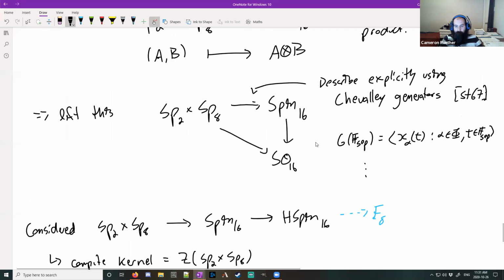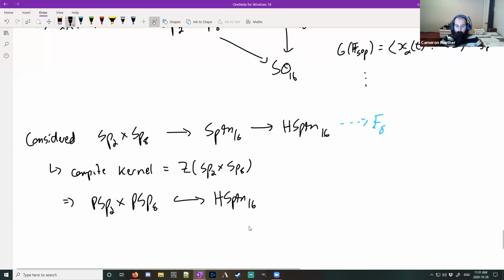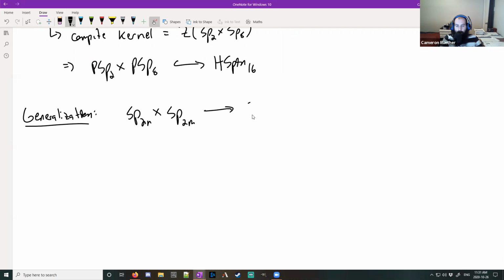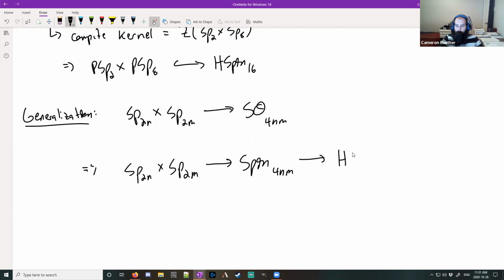But this whole Chevalley generator lifting, looking at kernels thing doesn't depend on 16. You can generalize this. So, generalization. Sorry, not projective, just symplectic. You can look at any symplectic group of 2n with another of 2m. Consider it mapping into the orthogonal group at 4nm. This again will give you a lifting into spin, which you can again compose into half spin.